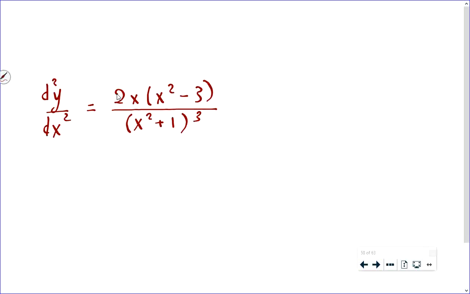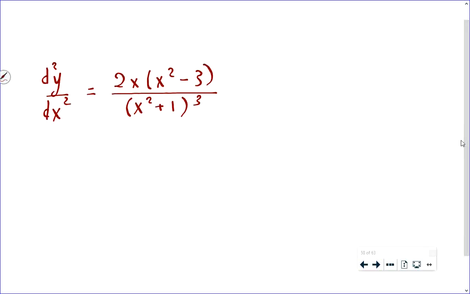Did I remember it right from the previous page? All right. So what kind of critical values of x do I have for this beast? I have plus or minus the square root of 3, because x squared minus 3 is not allowed to be 0. Well, it is allowed to be 0, but when it's 0, it makes the second derivative 0.